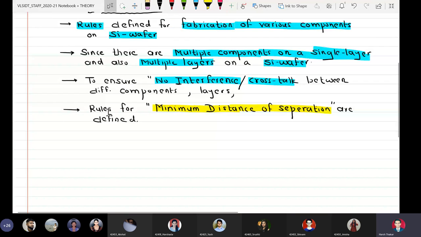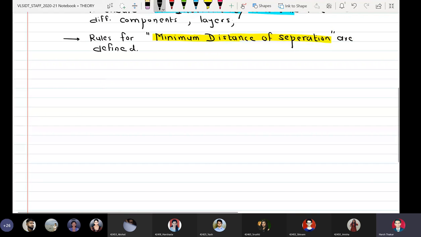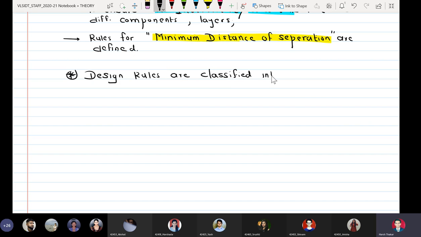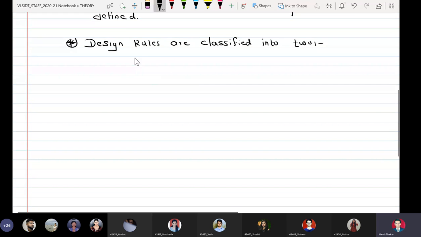Now there are two different types of rules. So we can say design rules are classified into two.